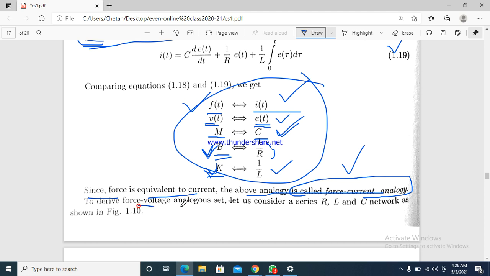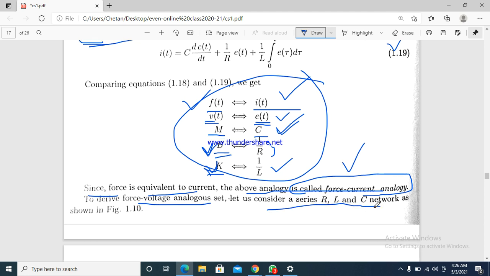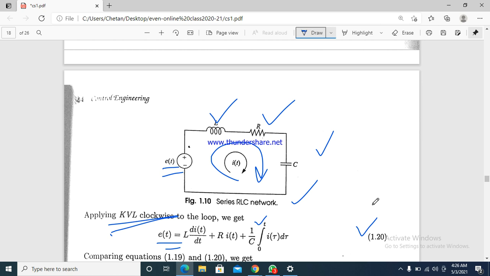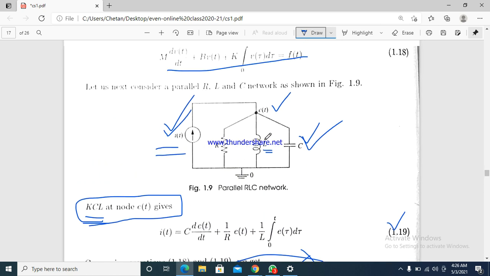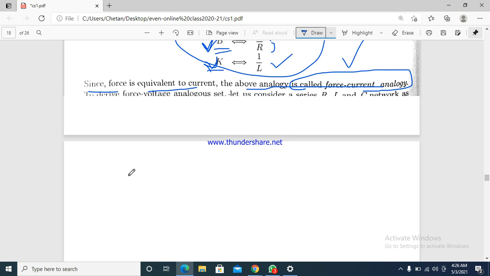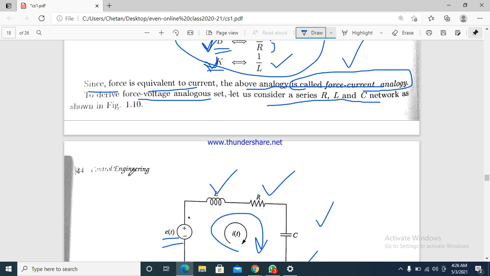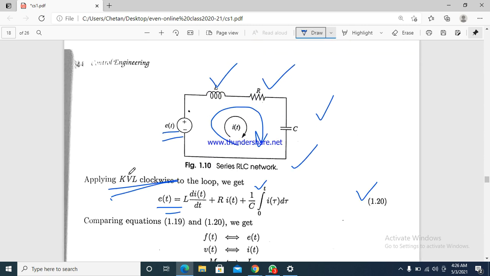To derive force voltage analogy set, let us consider the series RLC network. Here you can see whatever the diagram you have drawn, this is using KCL. Similar to this KCL, you can draw the network diagram using KVL also. This is using KVL. In this KVL, what you have written?